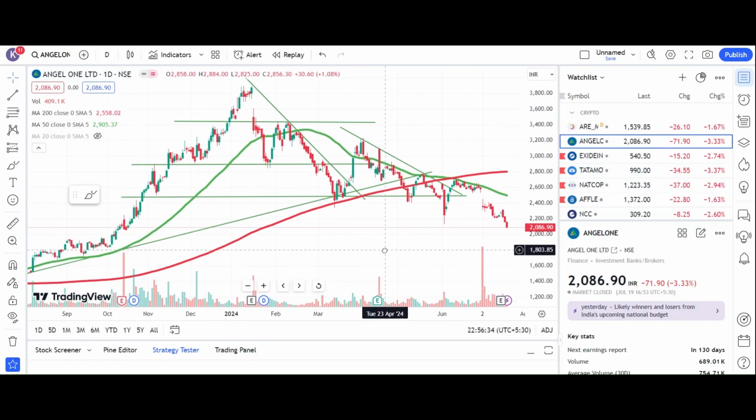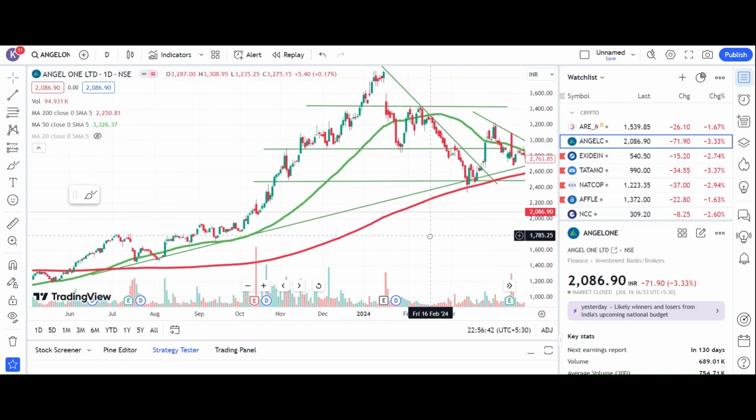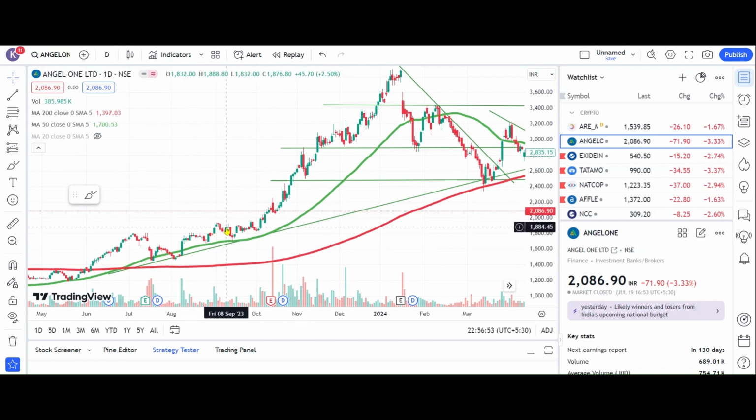Angel One. Don't get confused by seeing too many lines I have drawn. That's for some calculations, but what I want you to understand is the green line here is the 50-day moving average and the red line is the 200-day moving average. When the stock price was above the green line, the 50-day moving average, it kept on moving up.